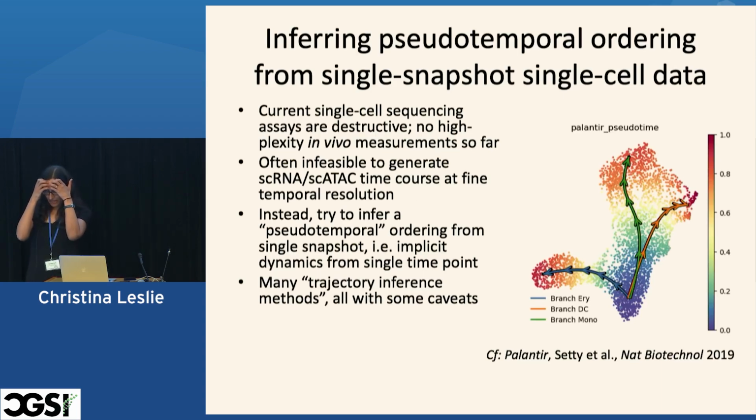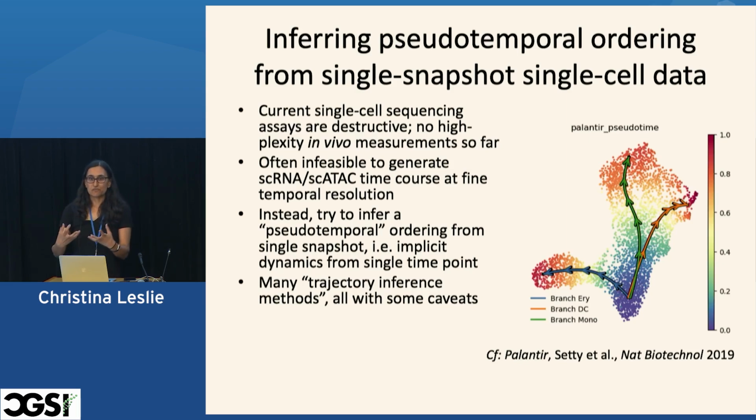Okay, so if you've worked with single cell data, you know there are a zillion trajectory inference methods. And the idea is that single cell sequencing is destructive, right? So you would love to watch the cells as they go through a developmental process and trace them and see the actual developmental trajectory, but it's still really hard, okay?